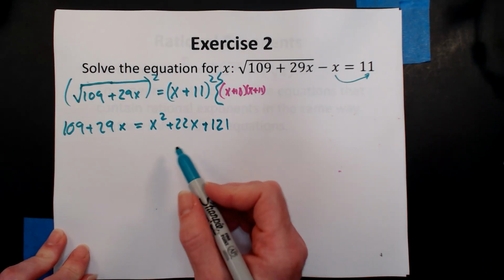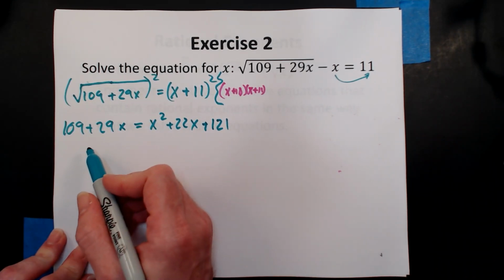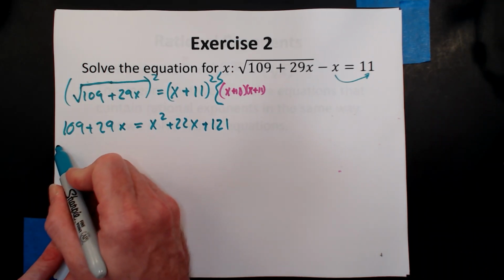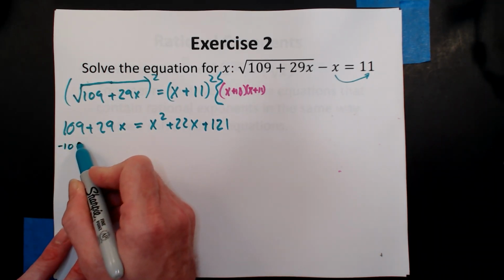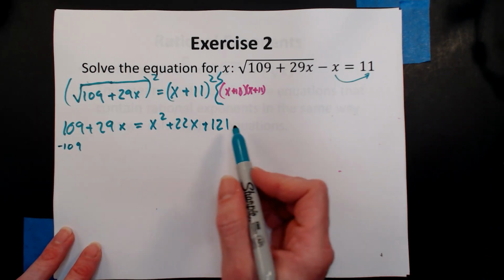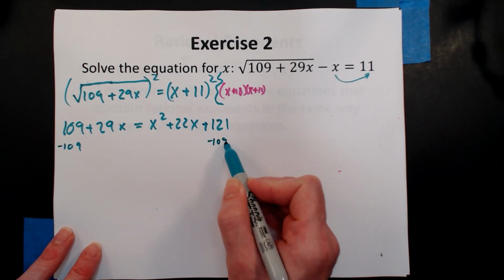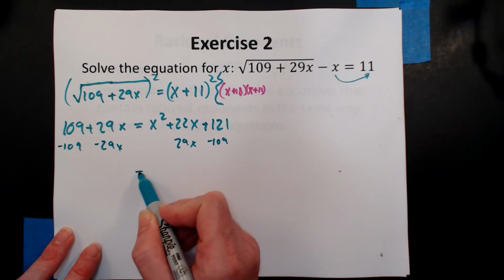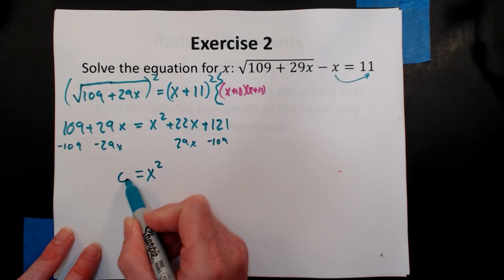121. Now we get everything to one side and solve, so I'm going to be subtracting 109 from both sides here. I'm also going to be subtracting 29x. So I'm going to get x squared, 0 over here.